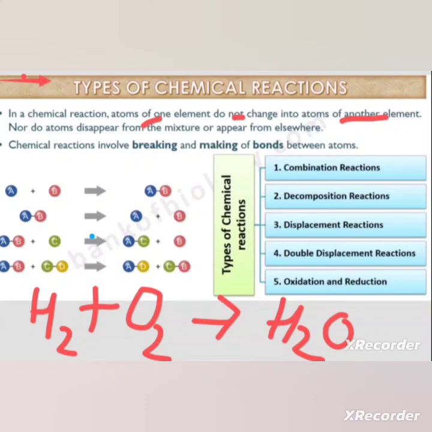In a chemical reaction, atoms of one element do not change into atoms of another element. Hydrogen plus oxygen gives water. Hydrogen and oxygen are still there, but there is a formation of a new substance, that is water. So this is the explanation of this line: in a chemical reaction, atoms of one element do not change into atoms of another element.